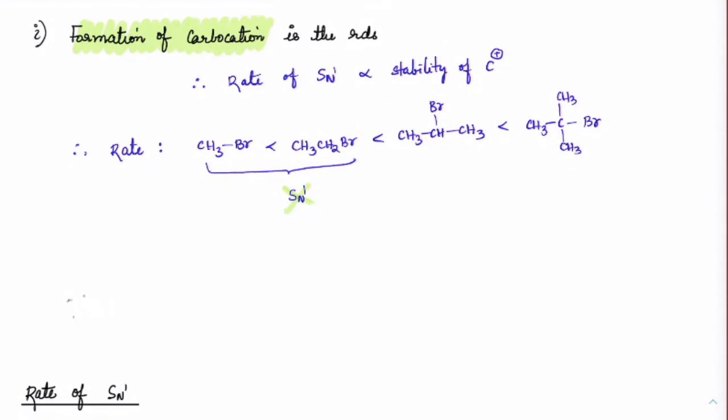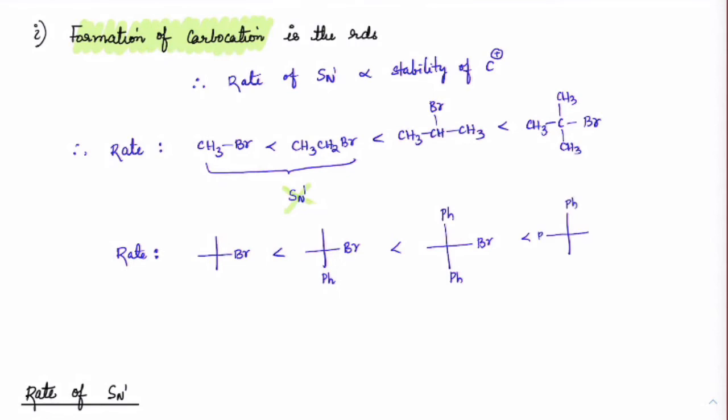One more order or trend I can give you is in case you have tertiary butyl bromide, it would have less stability compared to one phenyl group and two methyl groups, which will have a lower rate compared to two phenyl groups, which will be less than three phenyl groups.